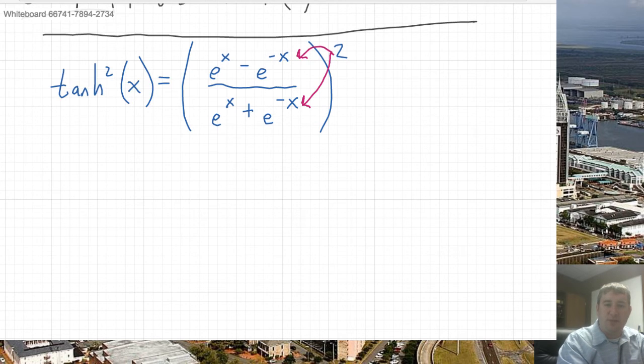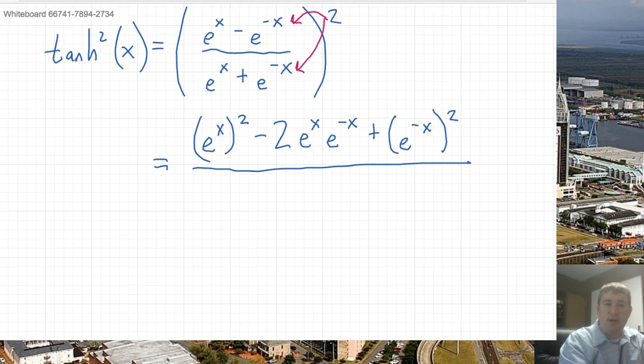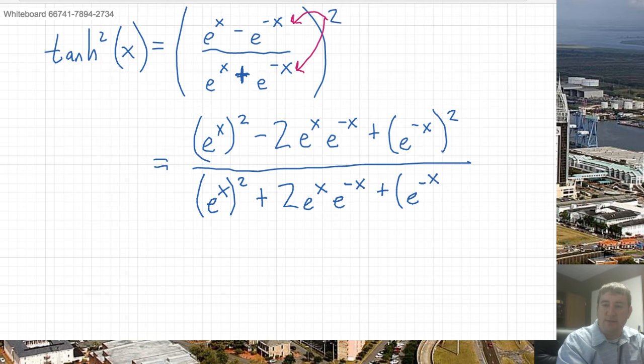Using a bit of algebra, I'll get the first term squared, e to the x squared, minus 2 e to the x, e to the negative x, plus e to the negative x, all squared. And I'll divide that by, well, the bottom is exactly the same, e to the x squared, but since I have this positive here, it's going to be plus 2 e to the x, e to the negative x, plus e to the negative x squared.